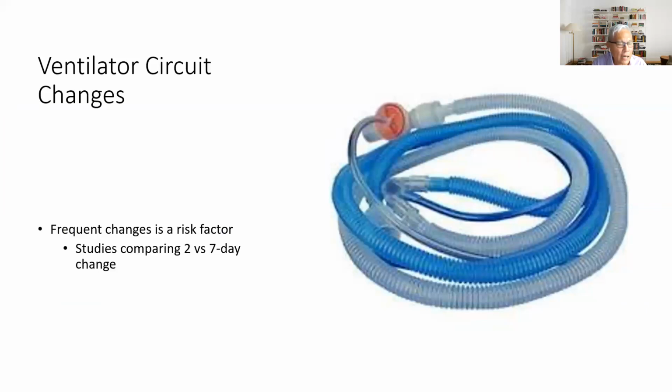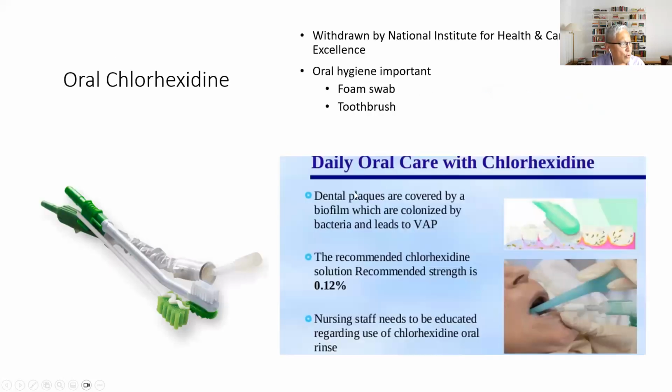And the other thing that is going to be part of the bundle is frequent changes of the ventilator circuit. So this usually is going to be 7 days. In some institutions, it's going to be more than that, because the less you break the system, the better it's going to be. And then, of course, the oral chlorhexidine that I told you.